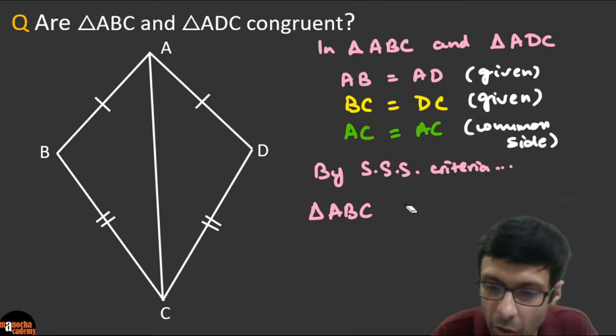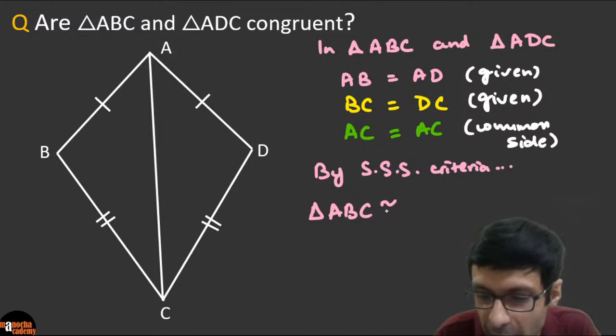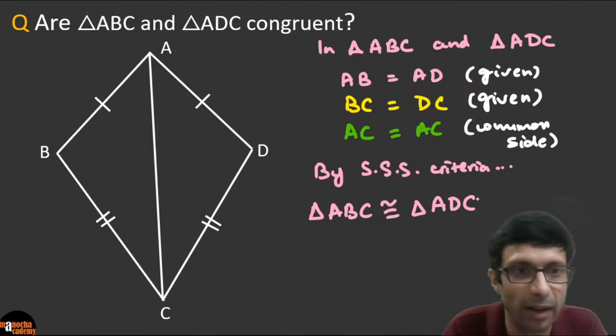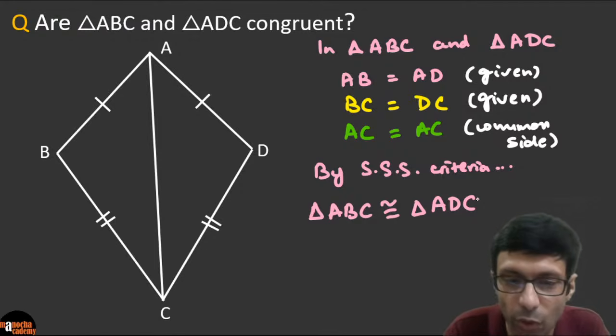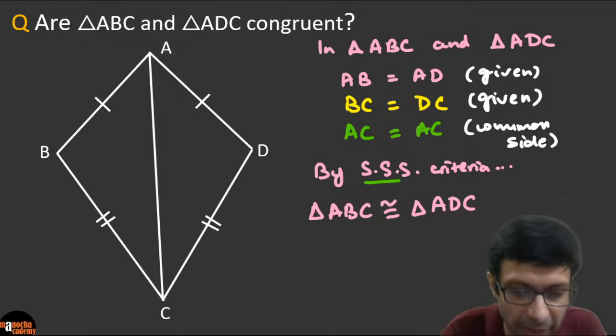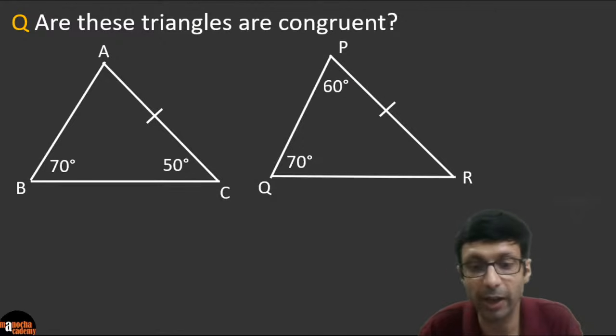Not equal, congruent, which basically means they're equal, right? So we write with the congruent symbol, triangle ADC. Okay, excellent, guys. Can you see that? Superb. And don't forget to write the criteria that you used and in the right order. Fantastic. So that's how you do it. So see, we applied our correct criteria.